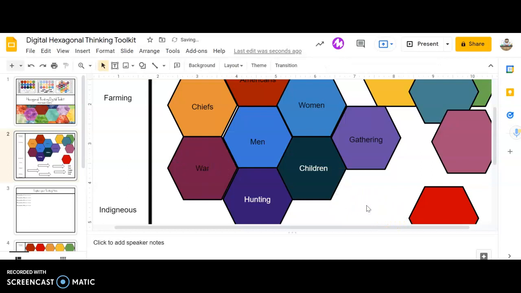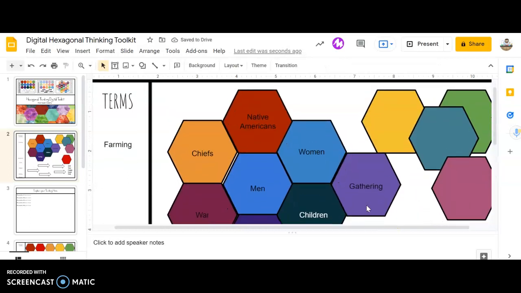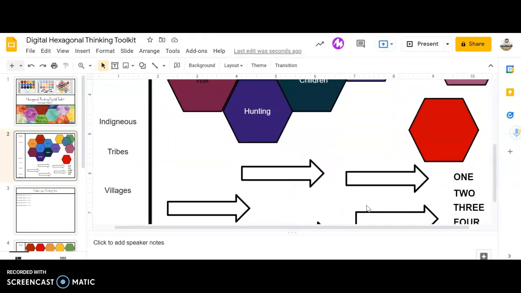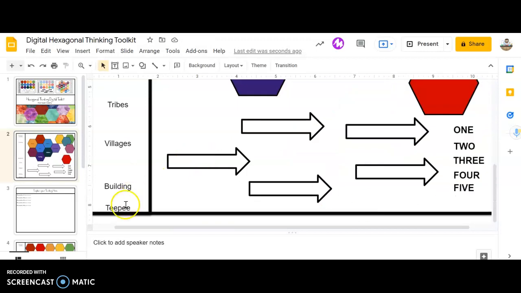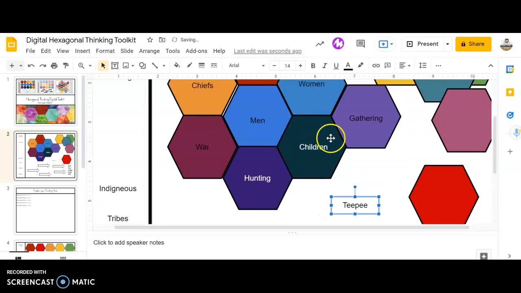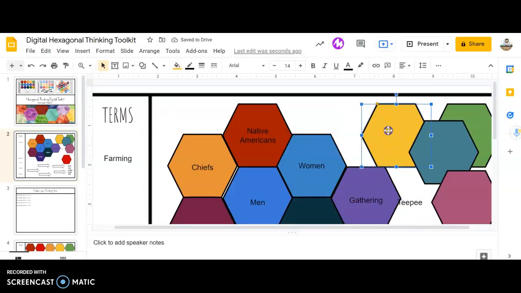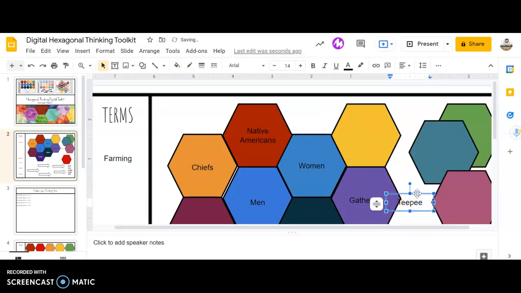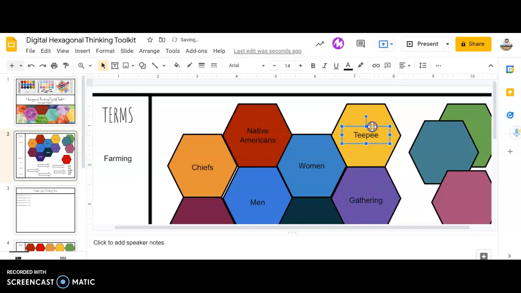Okay, so that's fantastic. So you see how I'm starting to connect all of these different things together. And so I'm going to take the word teepee and continue to move it up here. And I know that a lot of times, at least what we read in our text and in the videos, when it came time to move, it was the women that had to take up and bring down the teepee.